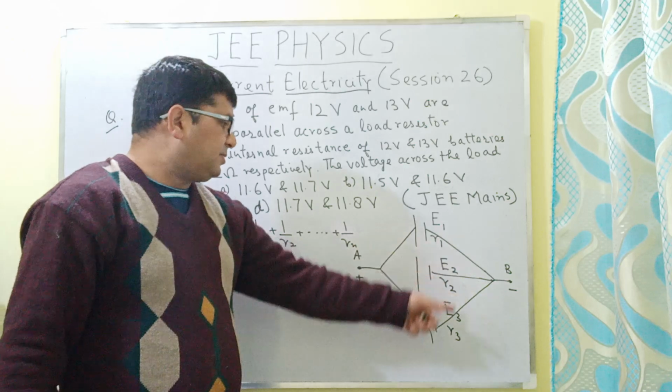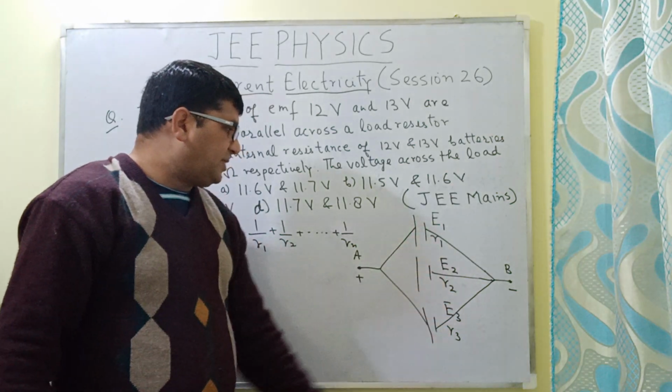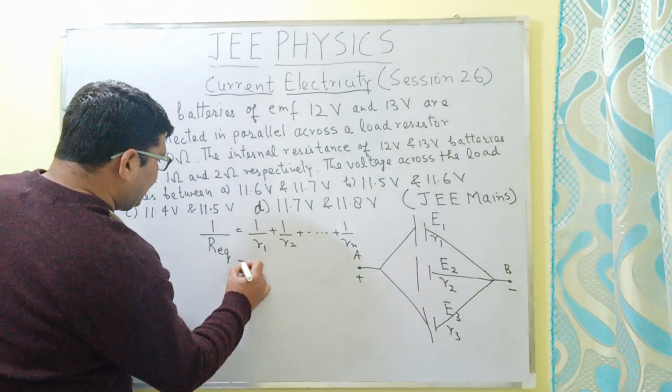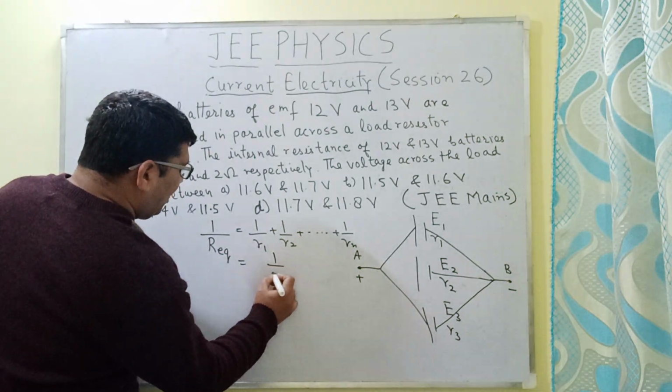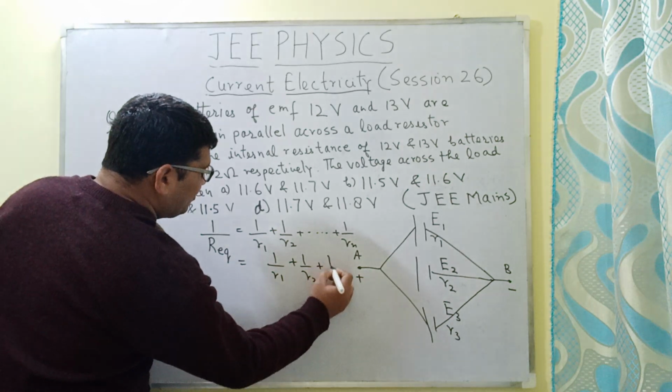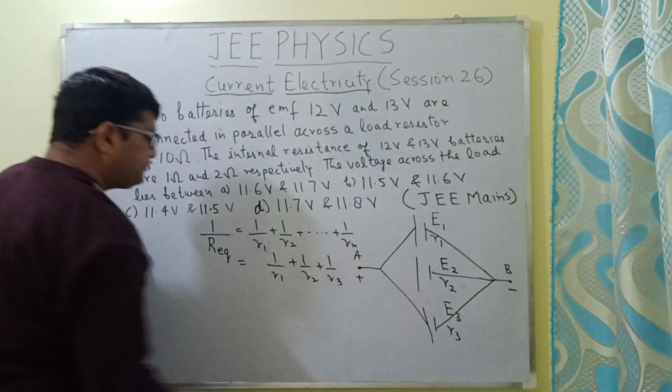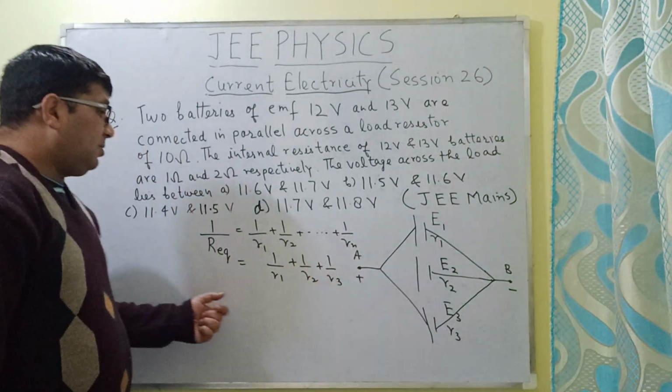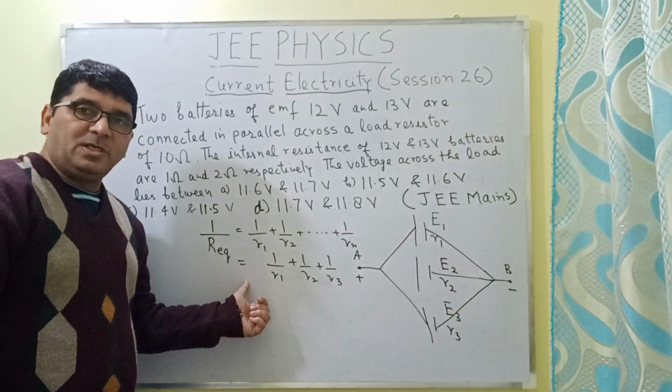In this case there are 3 cells, so it will be equal to 1 by R1 plus 1 by R2 plus 1 by R3.